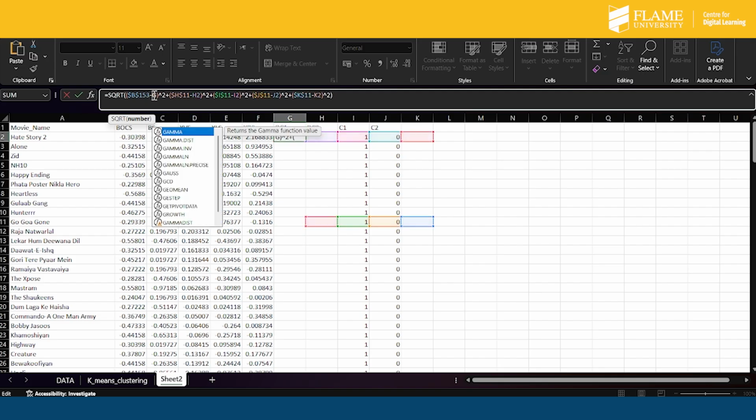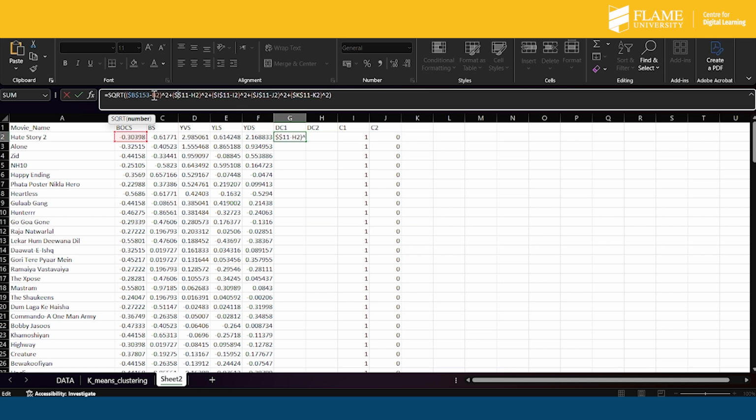So B2, C153, C2, and D153, D2, then E153, E2, finally F153, and F2.